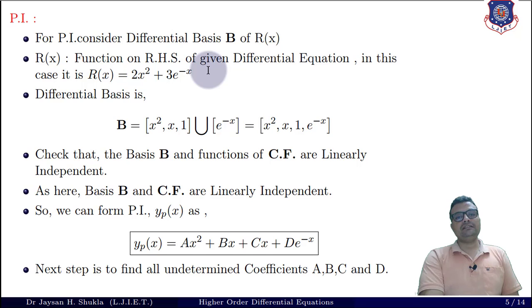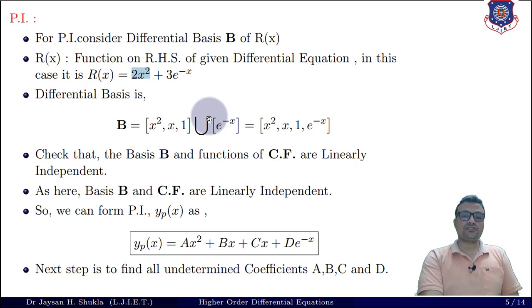Now coming to the main discussion, how to find the particular integral using the method of undetermined coefficients. For that we need to consider the differential basis of R(x). Now here R(x) is 2x square plus 3e raised to minus x. So listen very carefully. First of all, I am taking the basis of this part, 2x square.